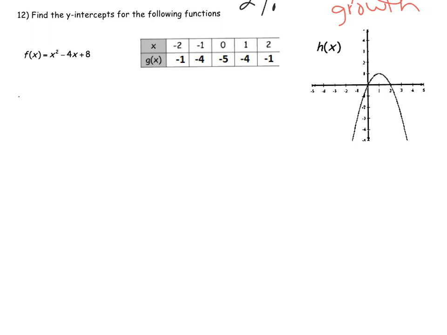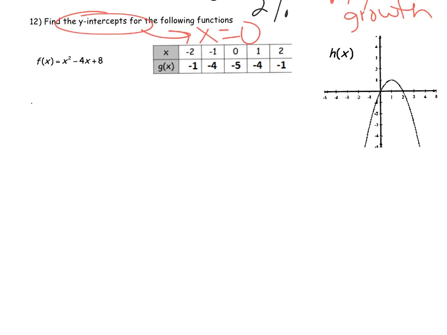So question 12 is just asking us to find the y-intercepts for the graphs. So you guys have to remember when you're finding the y-intercepts, that means x is going to equal 0. Okay, so if you look at letter A, the first one over here for f of x, you got to remember that we're plugging in x to be 0 because we're trying to figure out what the y-intercept is. So when x is equal to 0, when I plug this into my function, I'll get y equaling 8.